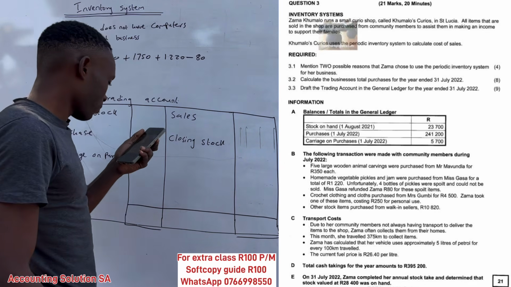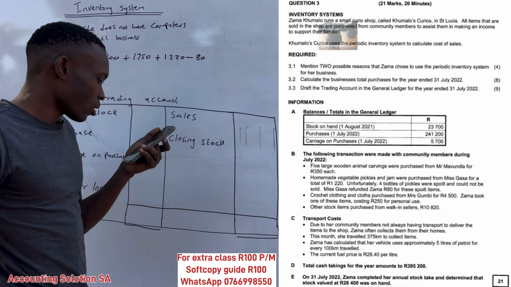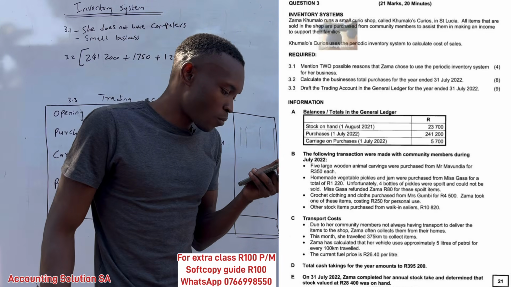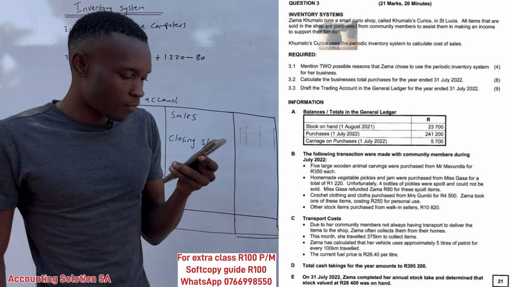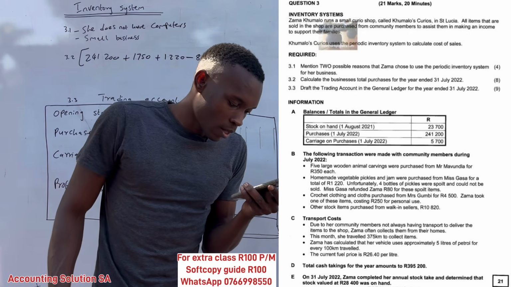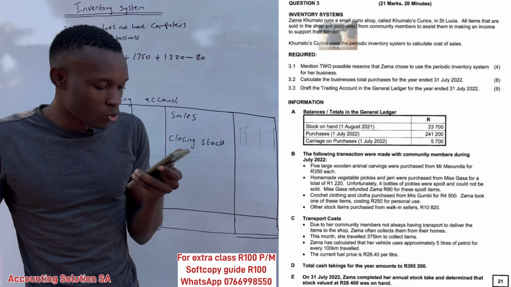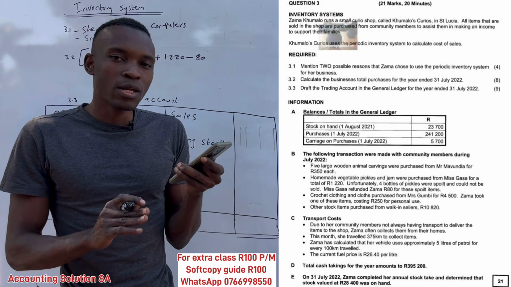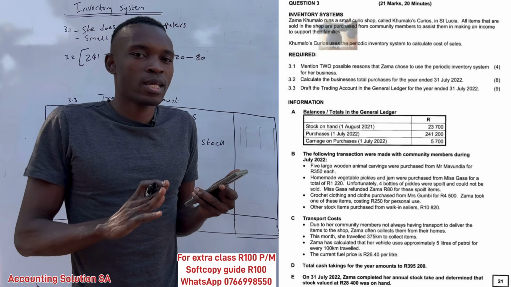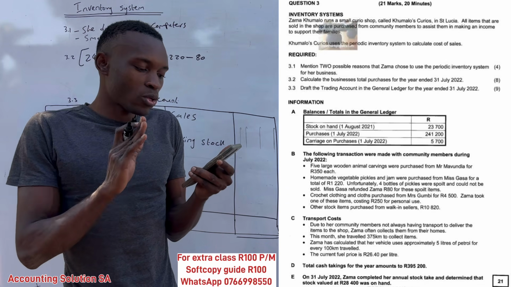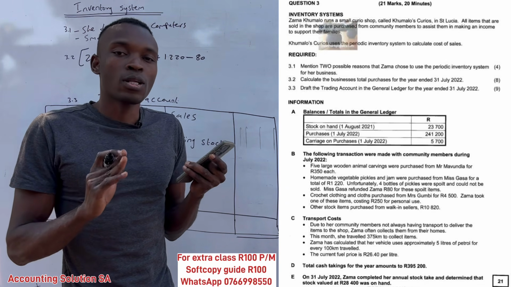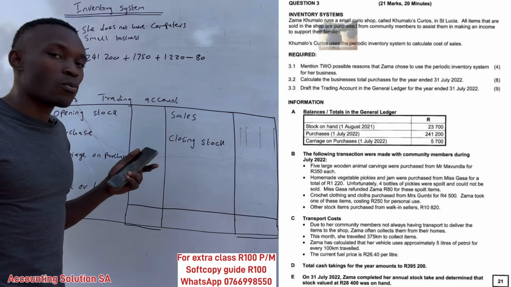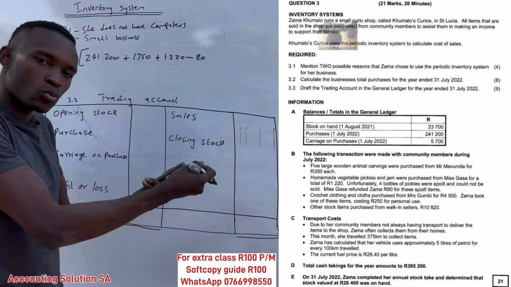The next one, they said crochet clothing and clothes purchased from Ms. Gumbi for 4,500. Zama took one of these items costing 250 for personal use. Okay, firstly we must add what was purchased and subtract a withdrawal. Personal use is a withdrawal. It's not part of a purchase. We have to subtract it because she took it for personal use.